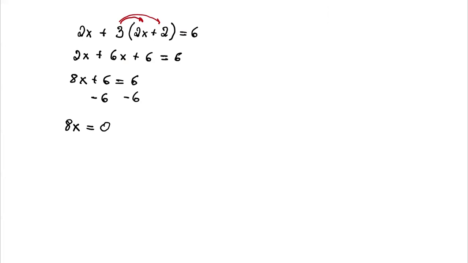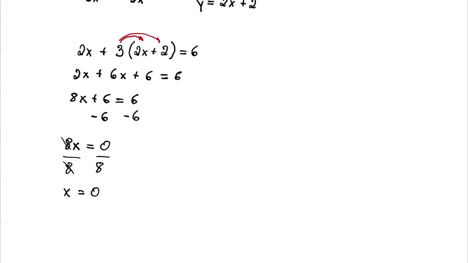Now we'll divide both sides of this equation by 8. Canceling out the 8's gives us x equals, and 0 divided by 8 is 0. So the value of x is equal to 0.